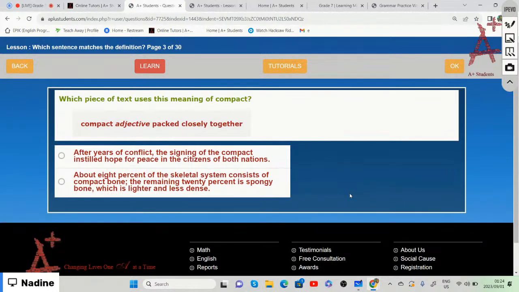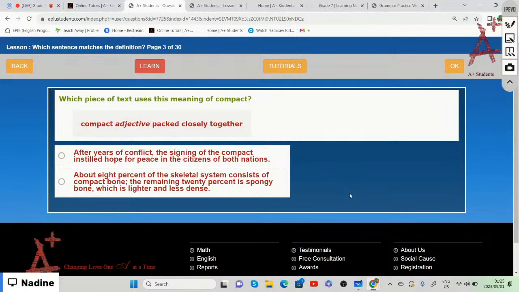So compact. We need to find the meaning of the word compact, which is an adjective, and it's packed closely together. Compact, packed closely together. After years of conflict, the signing of the compact instilled hope for peace in the citizens of both nations. Or the other one: about 80% of the skeletal system consists of compact bone.